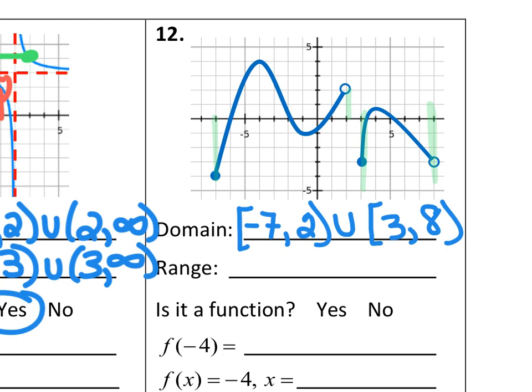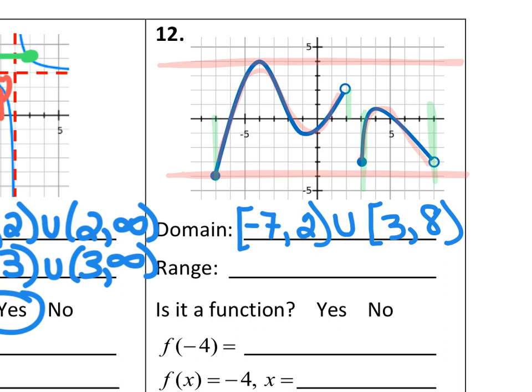Now, the range works a little bit differently. Don't get confused though. So the bottom, very bottommost point on this graph, y values, is right here where y is -4. And the highest y value at the very tip-top most part of this graph is where y equals positive 4. And if you look all the way through the graph, there's no place where you're missing any y values.